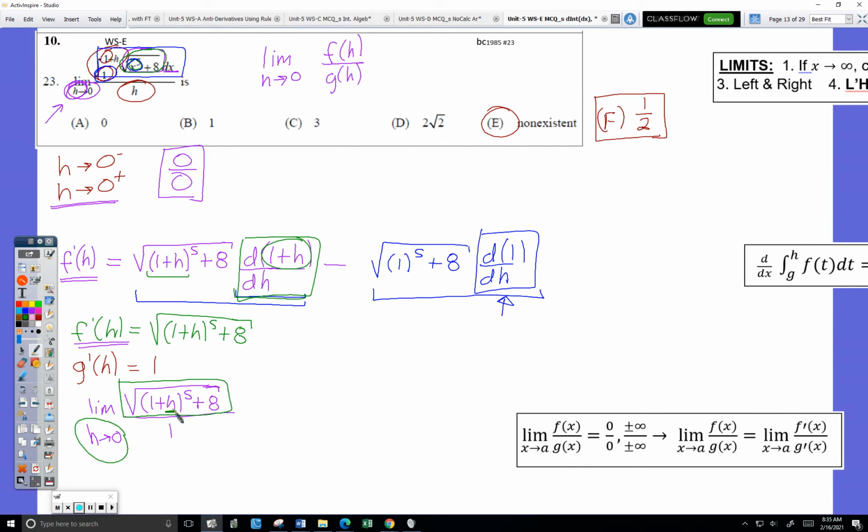So what's 1 plus close to 0? And that to the 5th power will be close to 1. Close to 1 plus 8 is close to 9. Square root of close to 9 is close to 3. Bottom just gets close to 1. How many knew it before we did it? 2 points, 2 for Allison. Question?